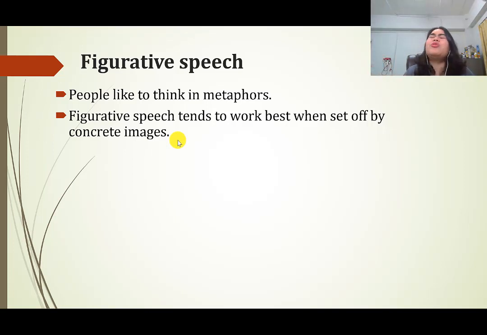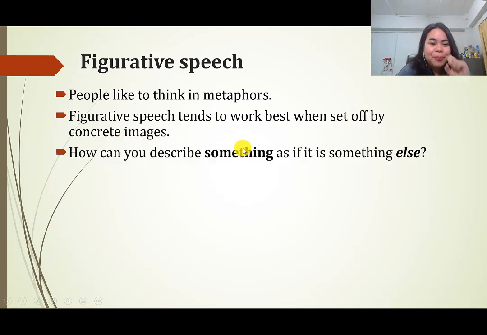But if you say "you are an angel" (girls like to be called an angel, right?), it shows images of angels from heaven, a pure, beautiful image. People like that more than just "you are good." Concrete images, that's the key.